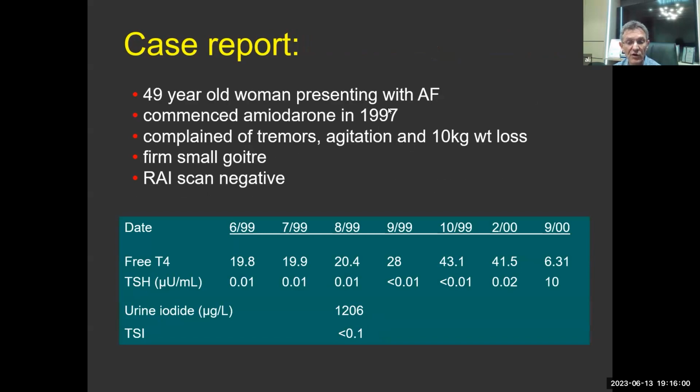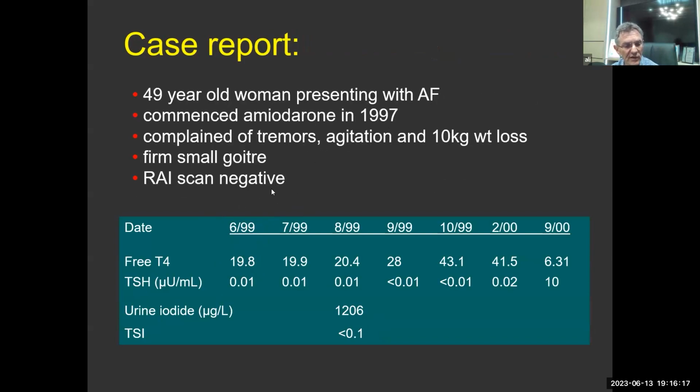So this is a case of somebody, a 49-year-old woman, who presented with atrial fibrillation. She was commenced on amiodarone in 1997, and she then started to present with tremors, agitation, and weight loss. And you can see this was in 1997, and 2 years later, she presents with symptomatic disease.